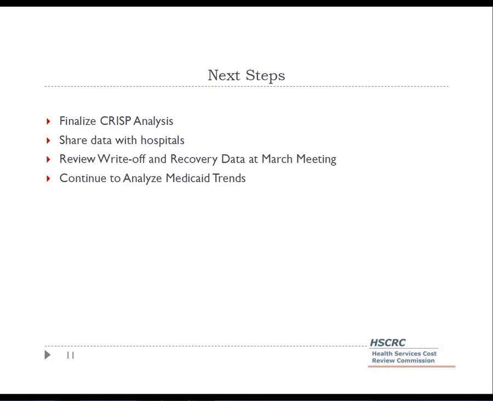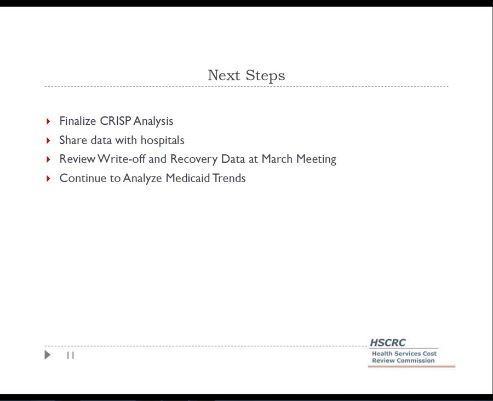All right, finally, as the next step, as you heard, there are a few things we're working on with Chris to improve the overall data quality or to just get a little more information. We would expect to have any new information for the next work group meeting the first week of March. We're going to be sharing the uncompensated care data that I walked through at the statewide level with the individual hospitals, to give them a chance to look at the data and see if it makes sense to them.